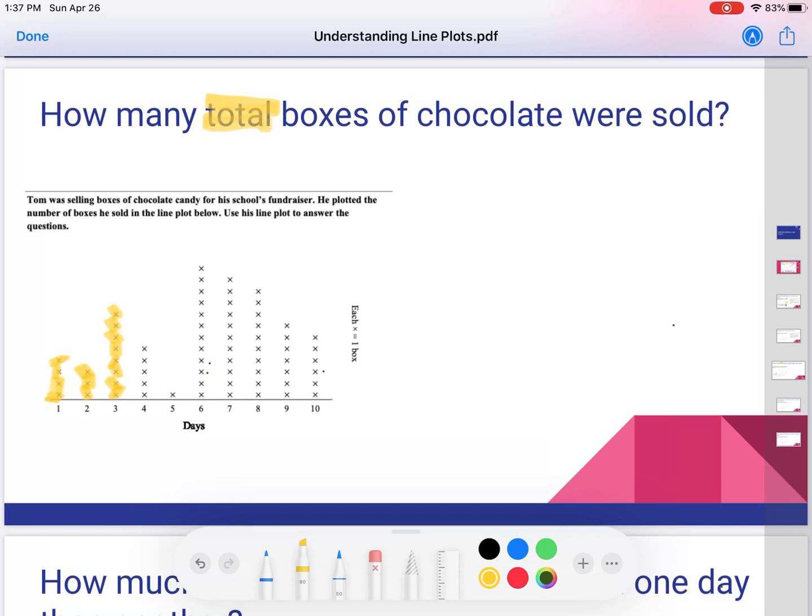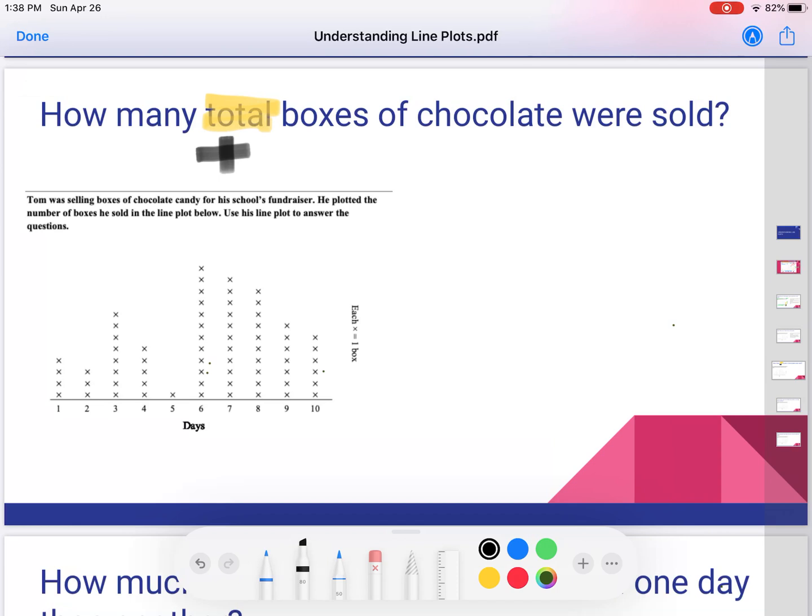We could do this counting all of the X's on our line plot until we've counted all of the data points through day 10. Now, another way you could do this is by using the operation of addition. The word total tells us that we can use addition to solve this question.